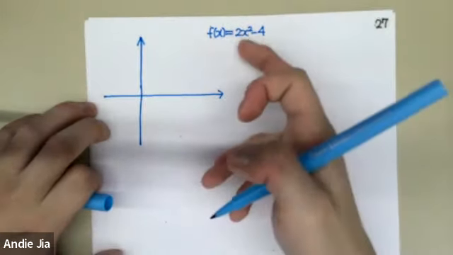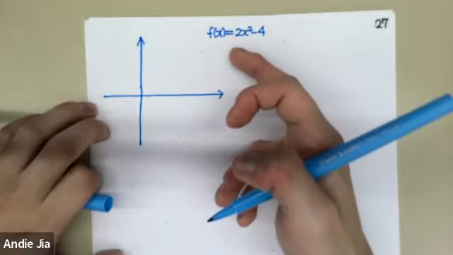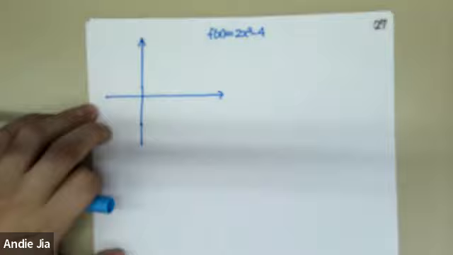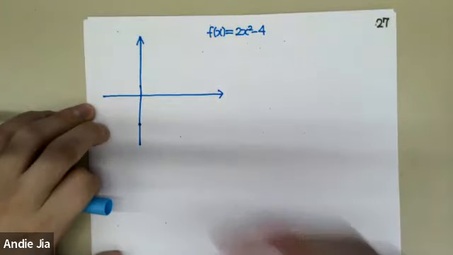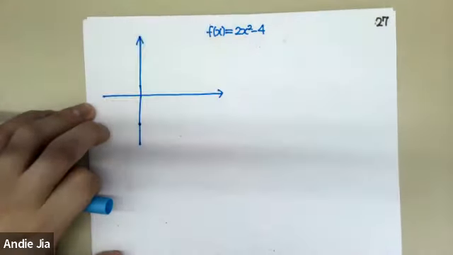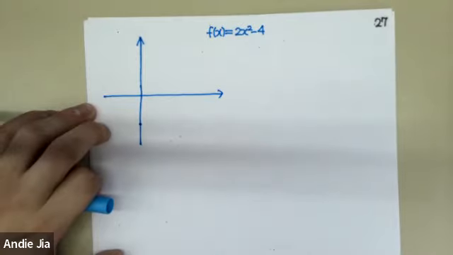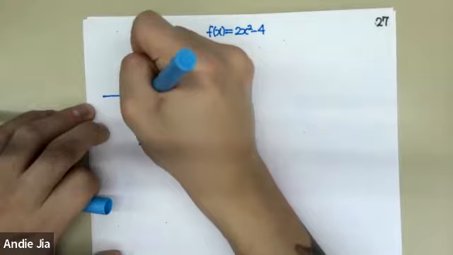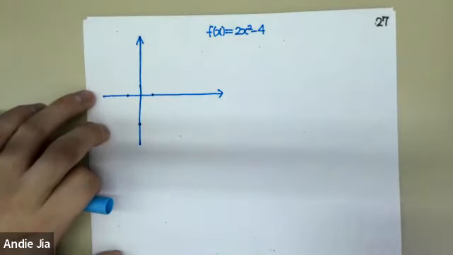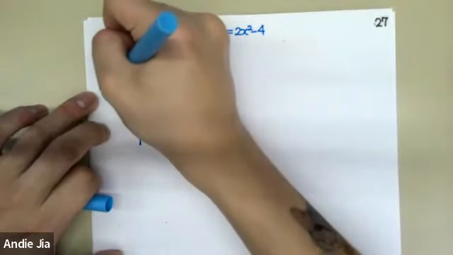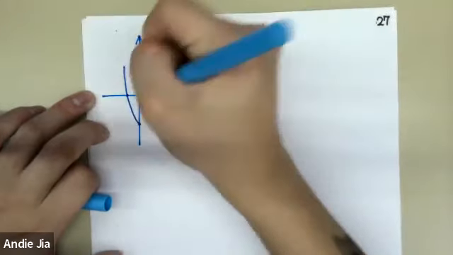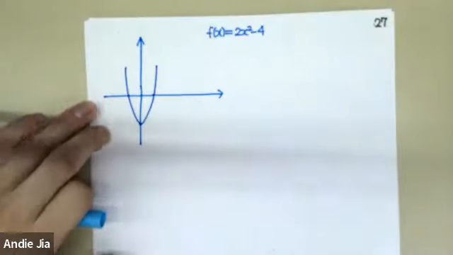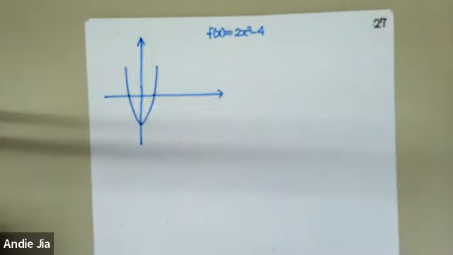So at x equal to 0, it's negative 4, and the zeros are going to be negative square root of 2 and positive square root of 2, about 1.414. The graph is not to scale.